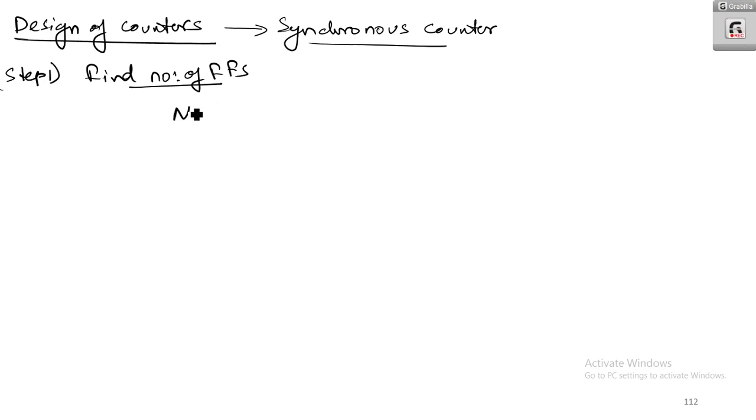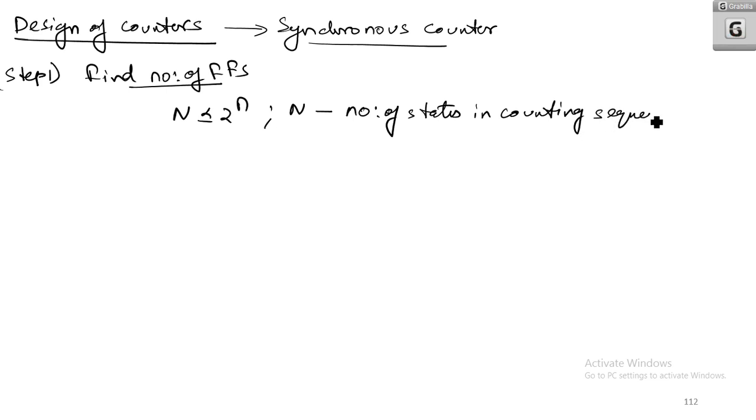That is, capital N should be less than or equal to 2 raised to n, where capital N is the number of states in the counting sequence and small n is the number of flip-flops.